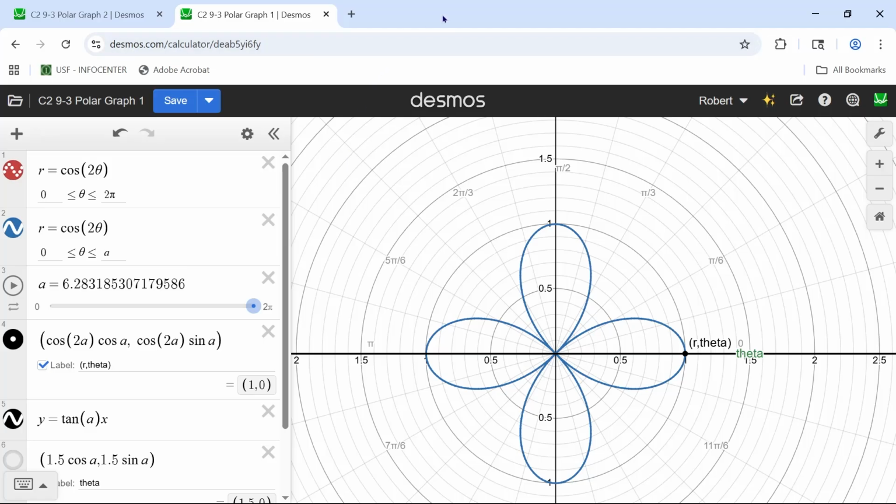This is not a rigorous proof, but it is true in general that if you have an even number times theta in just sine or cosine... Now, if the function adds anything to it other than just sine of n times theta or cosine of n times theta, this doesn't apply. But if it is just those functions, then if n is an even number, you will double that, and that'll be the number of petals you end up with.